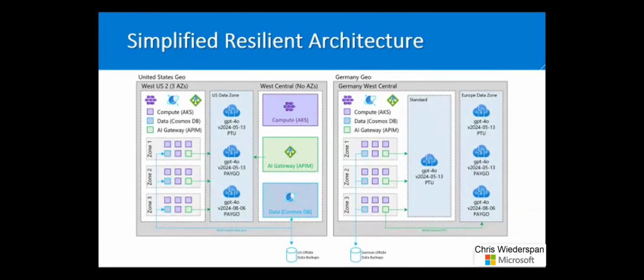My API endpoints are multi-region. So I don't have to rack my brain about that. I don't have to get overly complex with my deployment models. I'm good to go. It also makes life a lot simpler from managing capacity and quota and access to these different models. And of course, I've got my green squares, which are my AI gateways. They're abstracting everything that's actually hitting the GenAI endpoints.